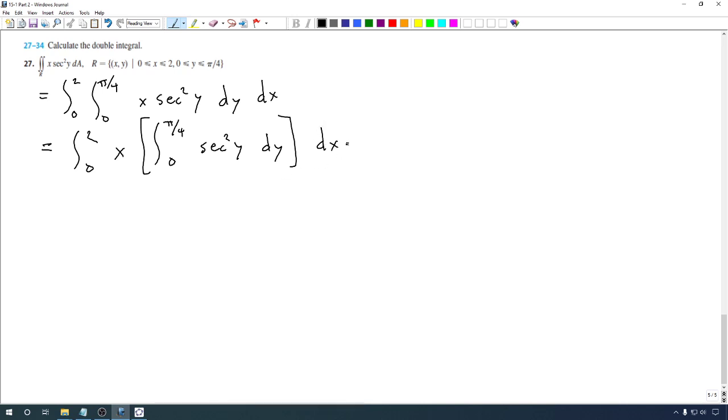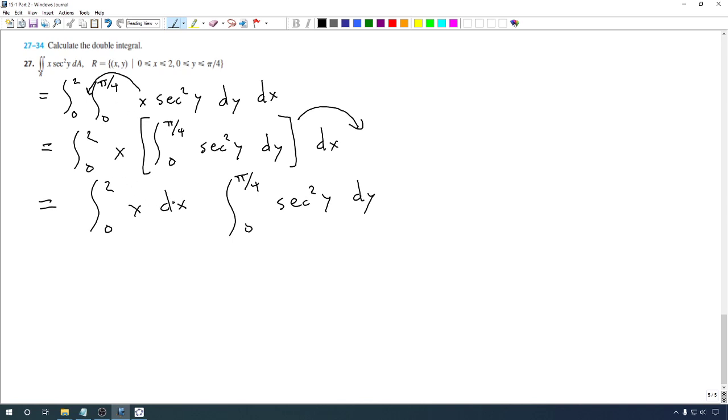So as far as the integral with respect to x is concerned, this thing's just a constant. We could pull it out. So here we took our x and pulled it out. Here we're going to take this entire integral and pull it out. I'll put it at the back, but it's really just like we multiplied the integral of x from 0 to 2 by this integral with respect to y.